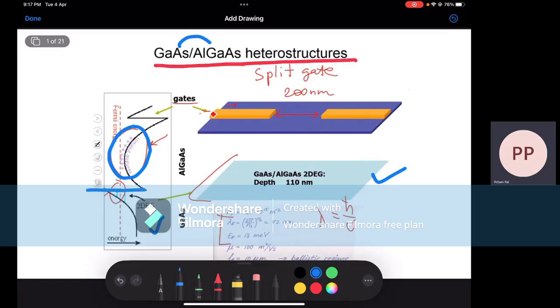These extra dopants donate electrons that fall into the 2DEG, so even at zero temperature they are not frozen out. This is a relatively low density compared to a metal: in a metal each atom donates an electron, and here maybe one atom per billion donates an electron, so the density is quite a bit reduced.